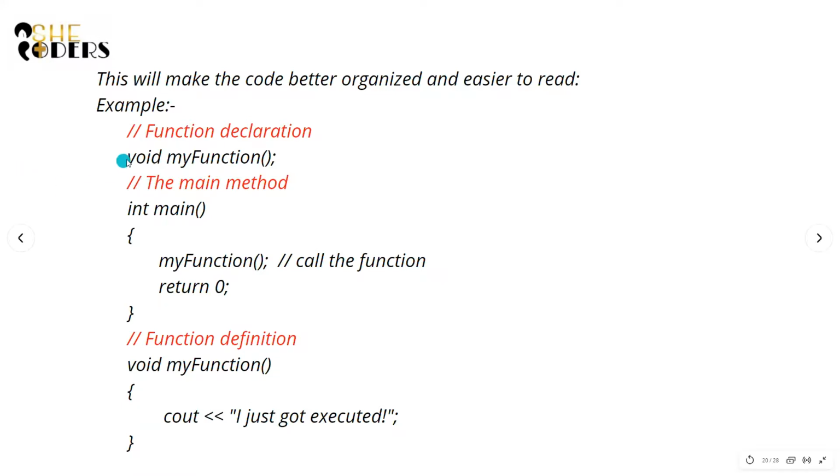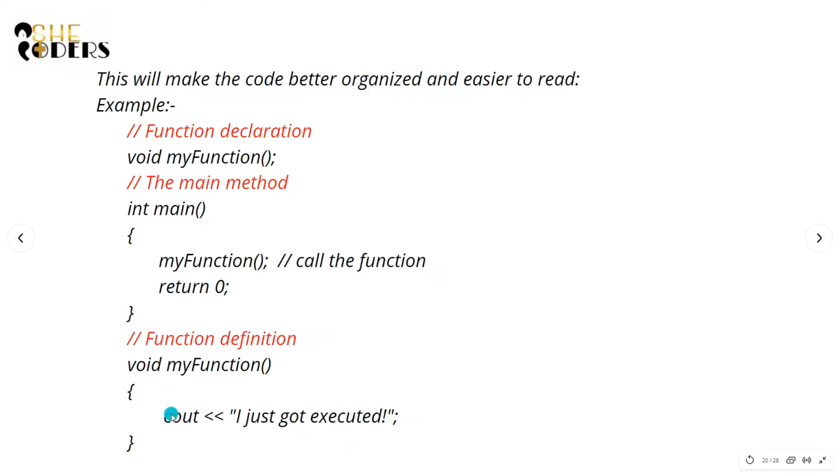So here, void my function is the function declaration, or you can say it is the function prototype. That is what kind of function it is. My function is returning nothing, so the return type is void, the name of the function is my function, and it takes no parameters. And then after that, here the integer main, this main function, I have just defined the function.